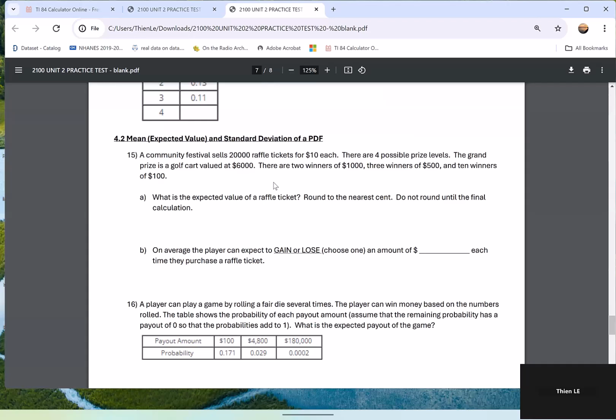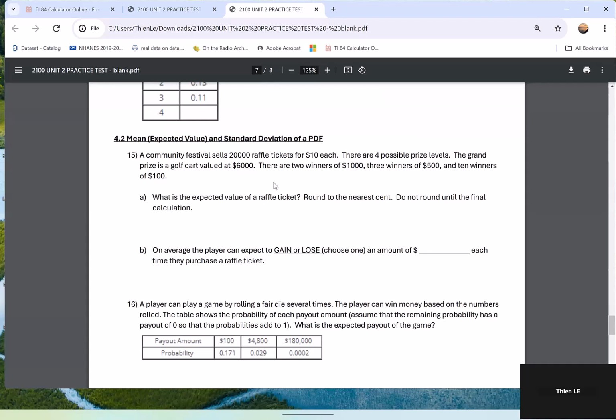And the same thing, your value of the ticket can be $90 and the probability tied with it will be 10 out of 20,000. The value of the ticket is 490 with probability 3 out of 20,000.